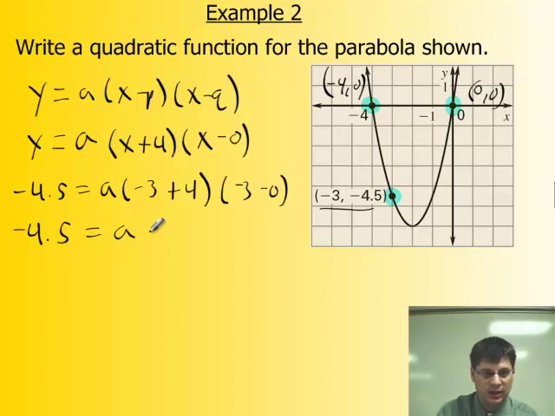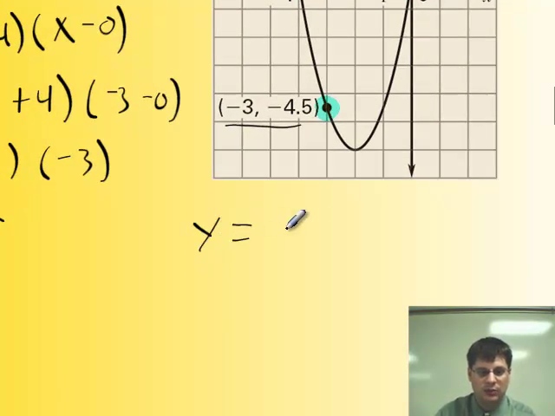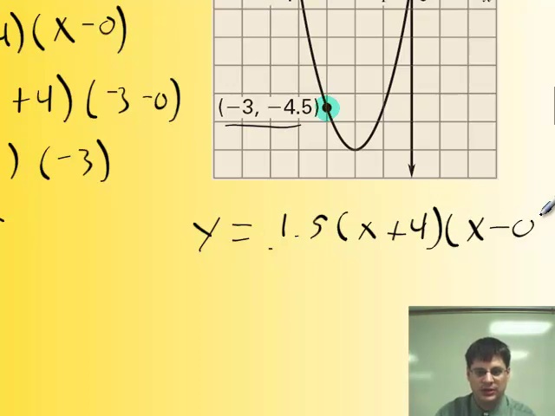So it's going to be a times 1 times -3, or -4.5 is equal to -3a. We divide -3 into both sides, and a is equal to 1.5. So our final equation is y equals 1.5 times x plus 4 times x minus 0.